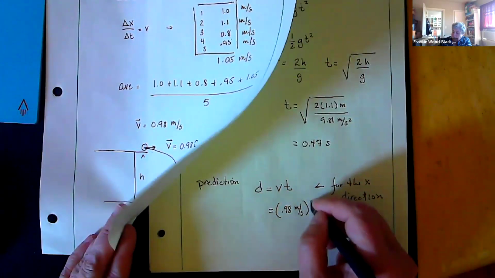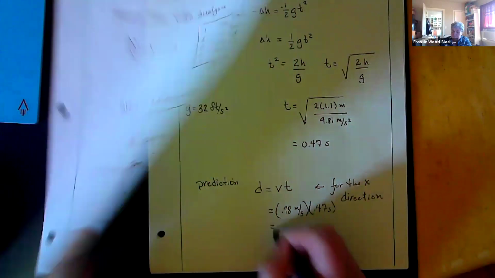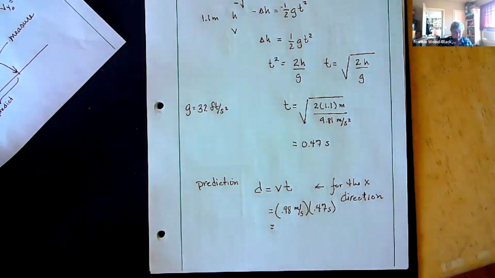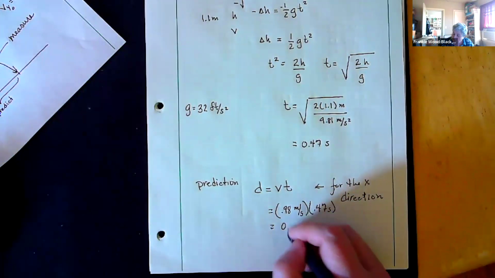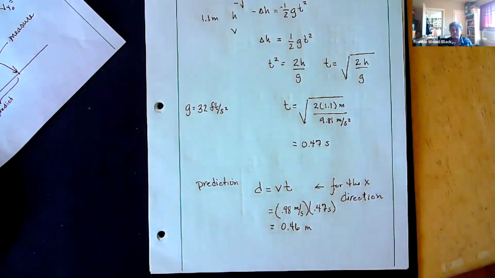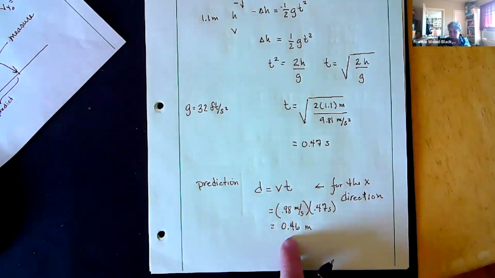My time is 0.47 seconds. It should land about 0.46 meters away from the edge of the table. So this gives you a good estimate of where it's supposed to be. That's where it should measure.